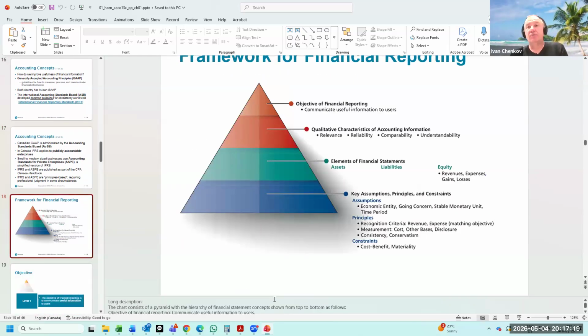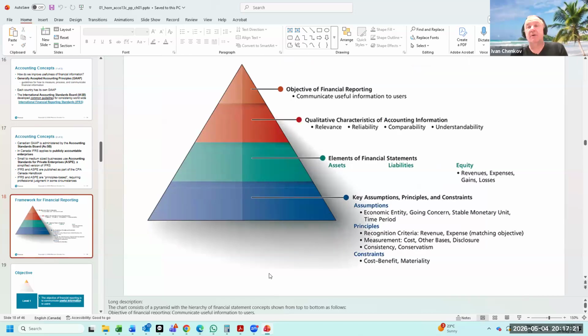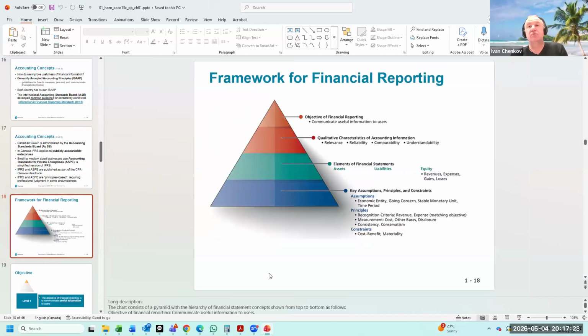Now, in order for the users to rely on financial statements, and to know that they can rely on them, those financial statements have to be prepared under a certain framework. As you can see, we have a foundation and we have the top. On the top is always the objective of the financial reports.